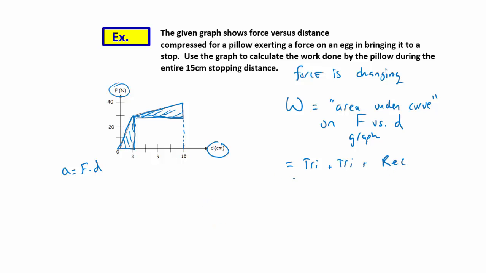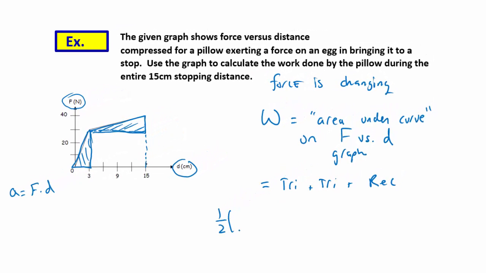And when I do that, I'm going to take the area of the first triangle, 1/2 the base times the height. The base looks like they gave it to me in centimeters.